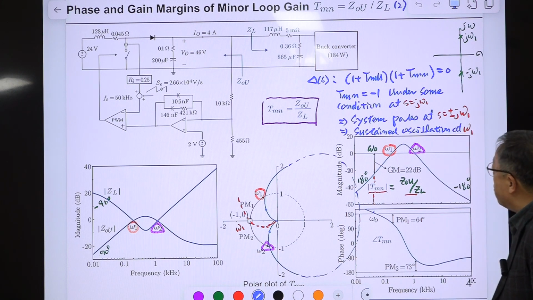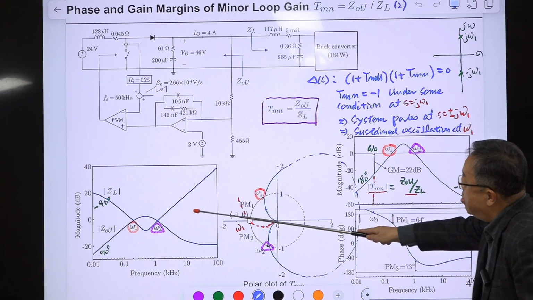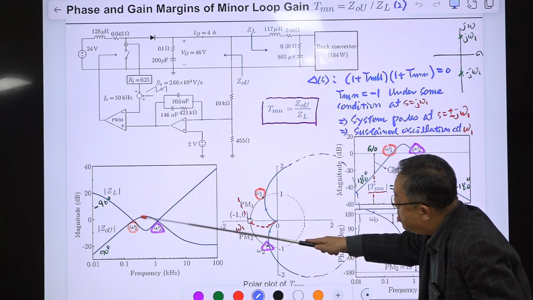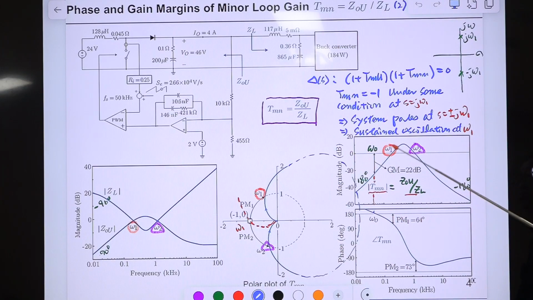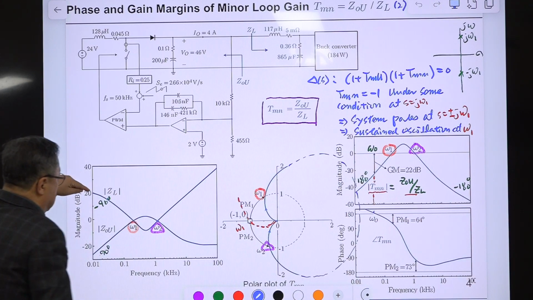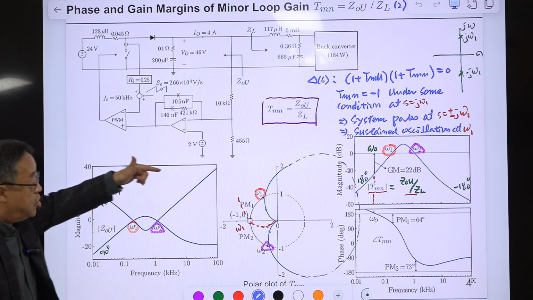So you plot the ratio between these. When this is large, GOU is larger than this, and the magnitude of the ratio becomes larger than unity. So it has this bulging here, triangular type, and at low frequency, this becomes small and this becomes large, so you are dividing a small one by a larger one, and it becomes very small. The same is true here.